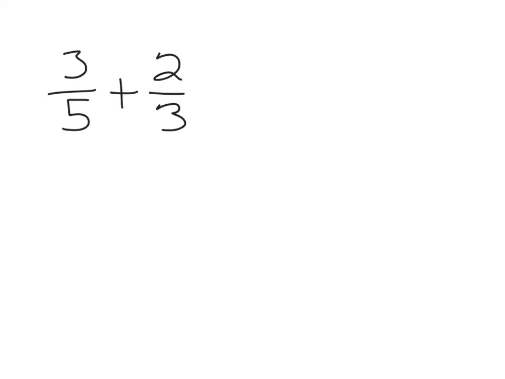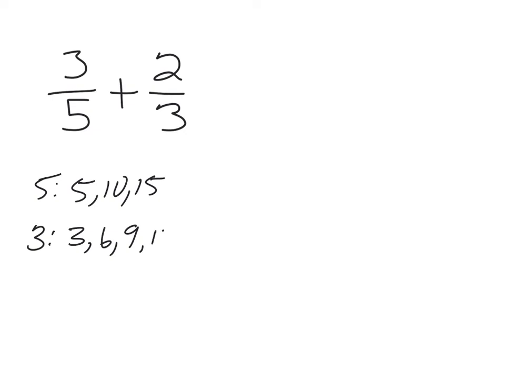All right, our last one here, 3/5 plus 2/3. Let's see what happens here. So I'm going to, again, pull out denominators. I've got 5s. So I'm going to list some 5s here. I've got 3s. Going to list some 3s. Don't have it, but I can probably keep going with my 3s and get it.